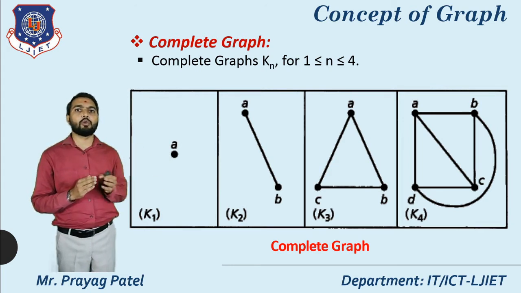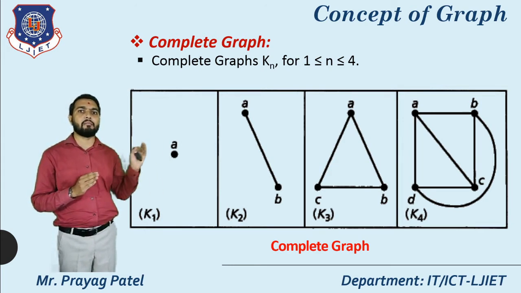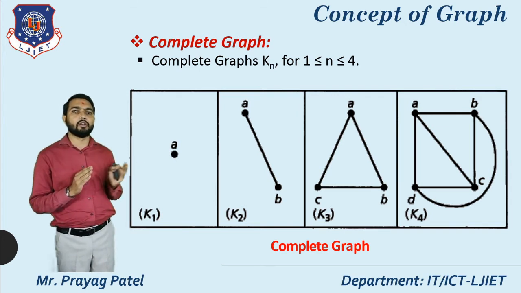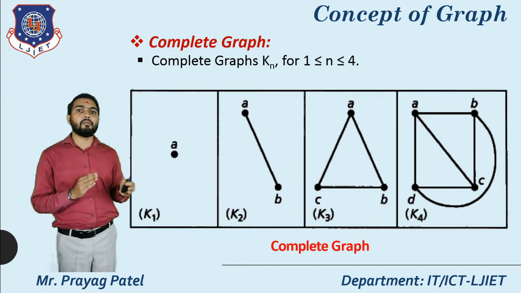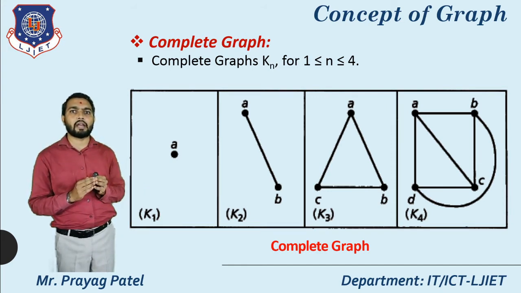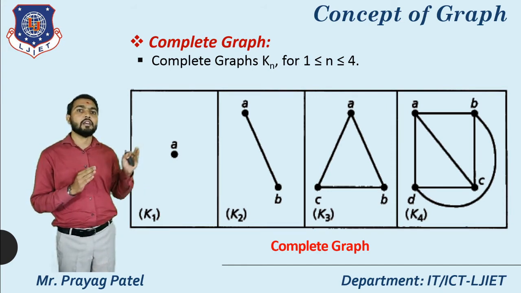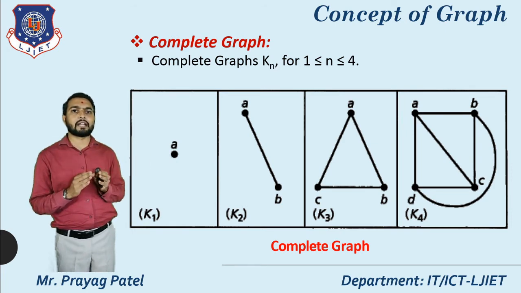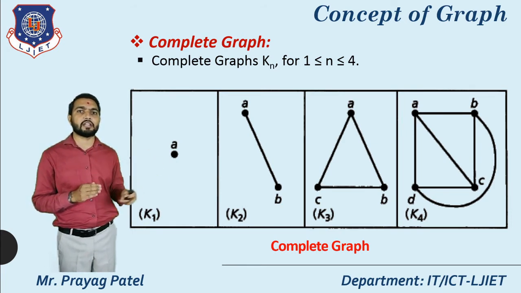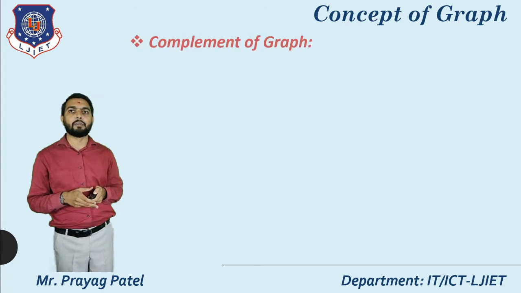Now for n equal to 3, the complete graph is like A, B and C. So all the nodes are connected with each other. That is K3. Now K4 means the complete graph for 4 vertices. So all the 4 vertices are directly connected with each other. So this is an example of the complete graph.